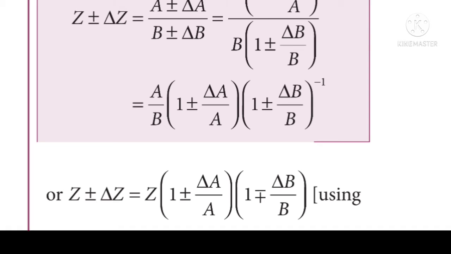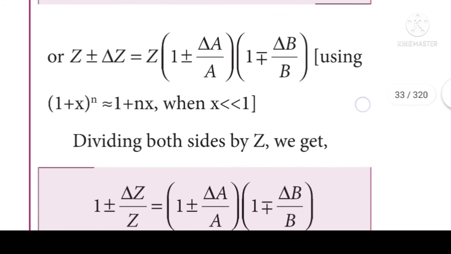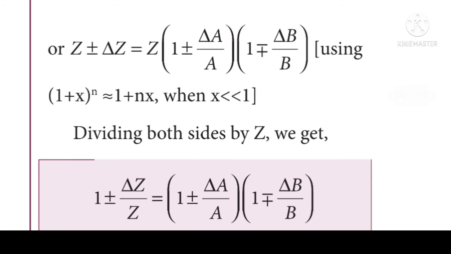So here we are going to use the binomial expansion. According to the binomial expansion, the power must be multiplied with the second term of the given expression. So with respect to that, it becomes 1 minus or plus del B by B. Here the binomial expansion is 1 plus x the whole power n is equal to 1 plus nx when x is very much less than 1.